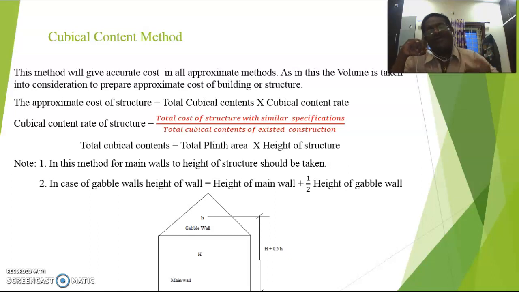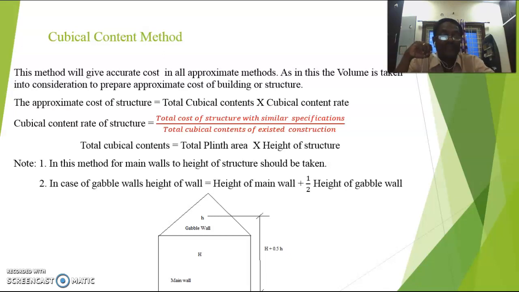But here, whatever the height of the existing structure and the structure you want to construct, the height is not at all predominant. You can take dissimilar heights of the structures also, which is not possible in the plinth area method. So if it is a 3 meter existing building and you want to construct 3.6 meters or 3.4 meters, there is no problem, because you have taken both the area as well as the height of the building.